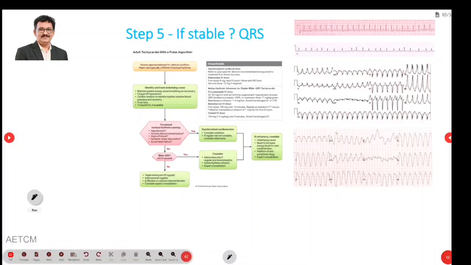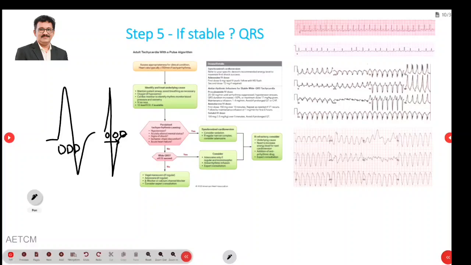Now, if the patient is stable, what is the next step? Now, if the patient is stable, there are two important things. Is the QRS complex wide, more than 3 small squares, or narrow, less than 3 squares? Okay. So, if it is wide, then treatment is different.